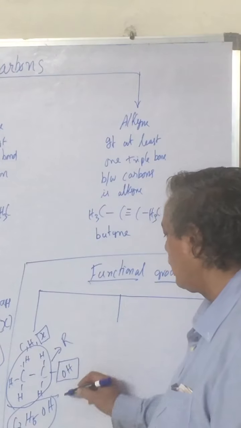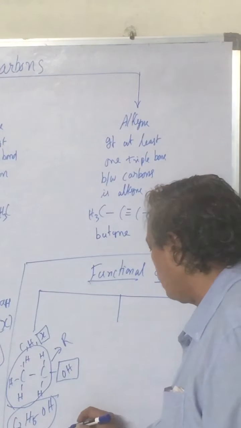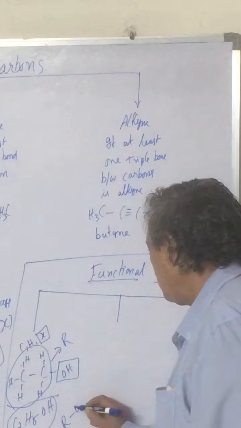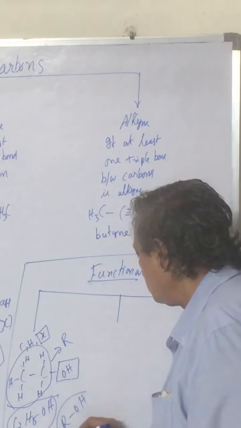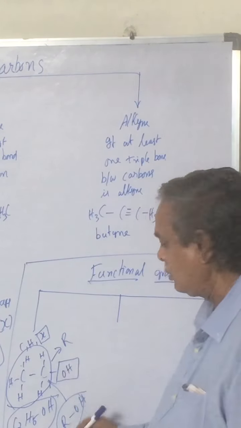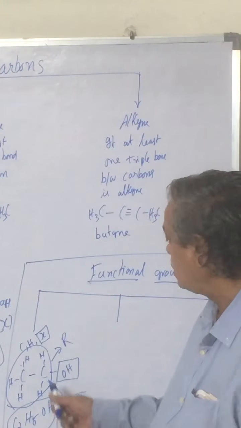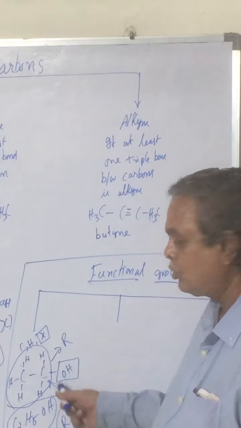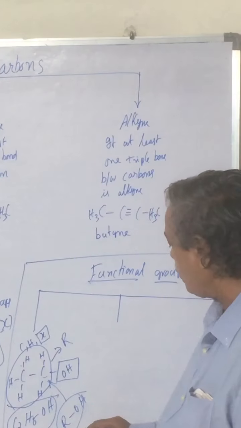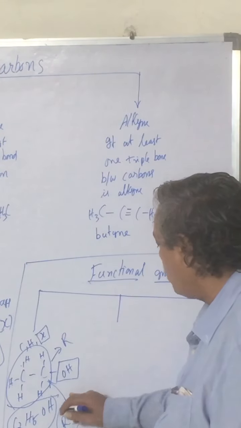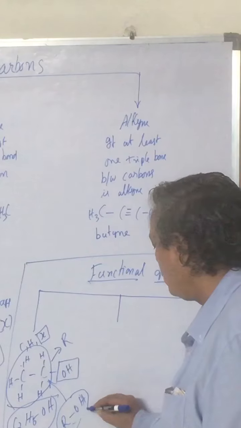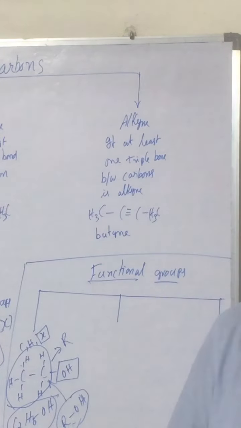You can write R OH. This is the remaining part, all of this is R, which is referred to by R. In that way, you will have to write ROH.